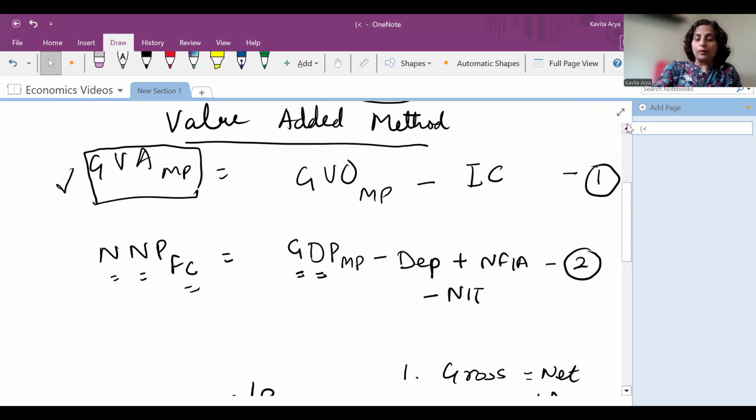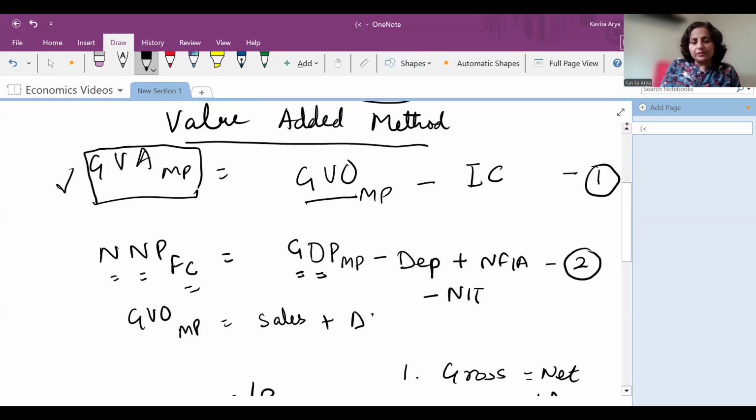Now, there is again one point that sometimes we are not given GVO directly and we are given the sales. In that case, we have to do it in working notes that GVO, the value of output, is sales add change in stock.